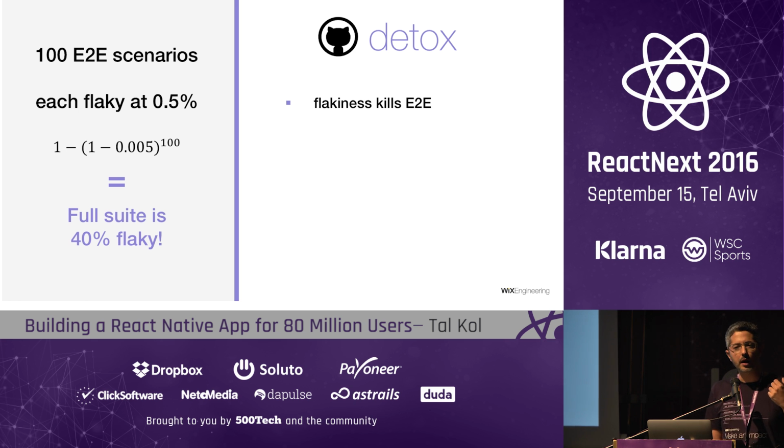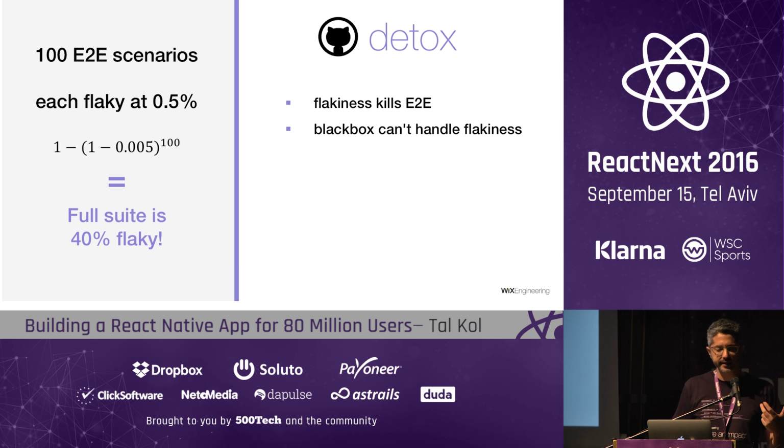The solution we are finding for this is presented in a library that we're working on. It's not fully operational yet, but it's going to be open source, called Detox. It stems from the idea that flakiness kills end-to-end, and that black box testing can't handle flakiness because you're testing things from the outside.